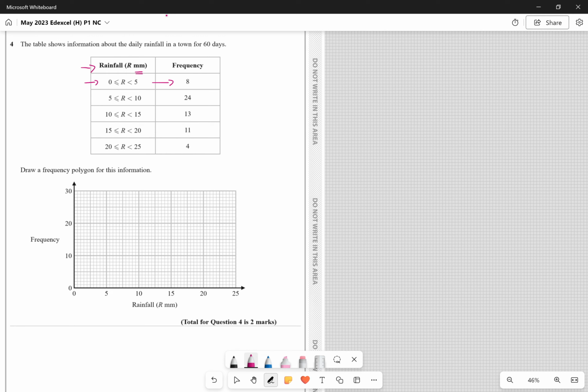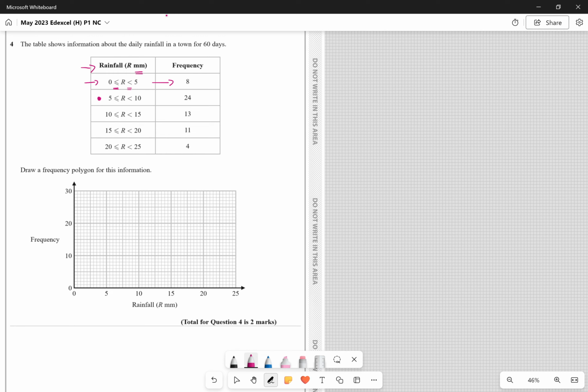Notice that here you have a less than or equal to, but here you only have a less than sign. What does that mean? It means that any day that had rainfall of 5 or more would go into this class interval here. The first class interval is only for days between 0 and up to 5 millimeters, but not including 5.